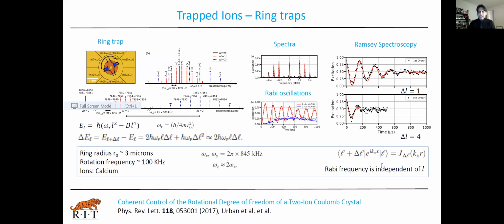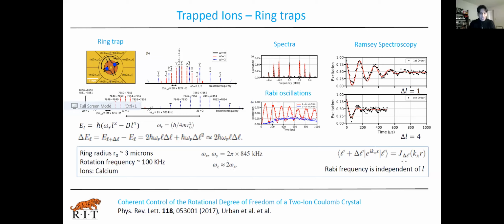And this is a distinction between, for example, if these were harmonic oscillator states with n and n plus delta n, the matrix element would actually depend on n, but here it doesn't depend on the quantum number L, just the difference of the two quantum numbers, okay?